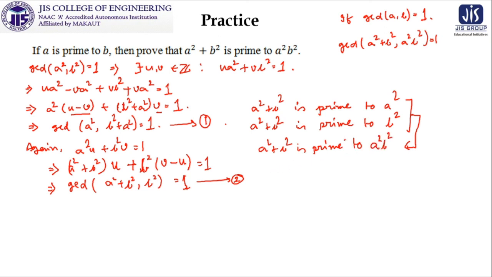So ultimately we got our target achieved, that GCD of a square plus b square comma a square b square is equal to 1.